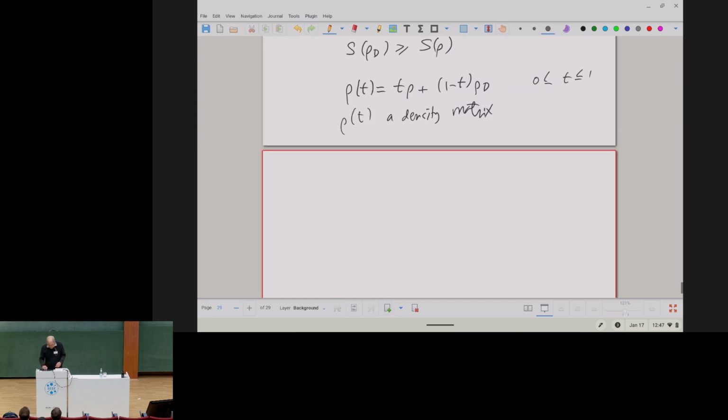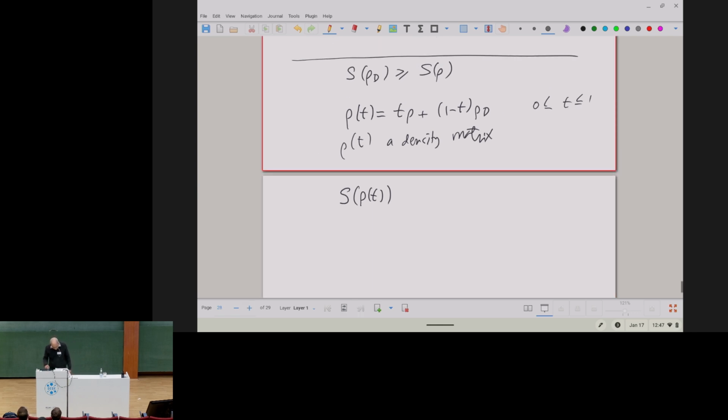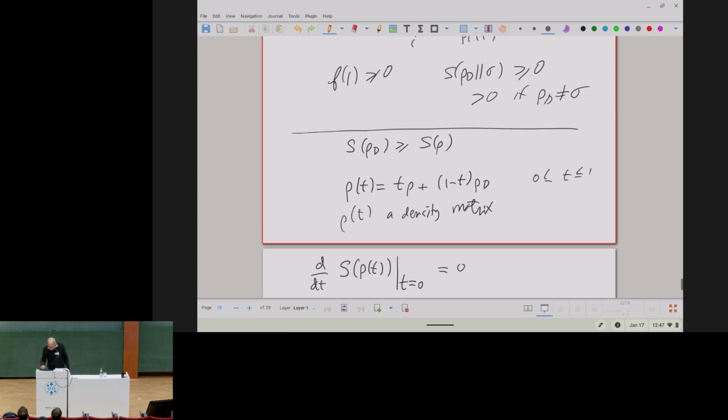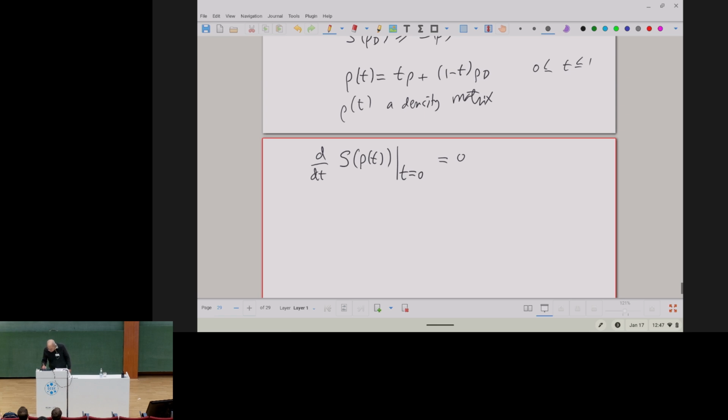And now, what do we do? Well, we look at the function S of rho of t. And we find that d by dt of S of rho of t at t equals 0 is 0. So that just follows.